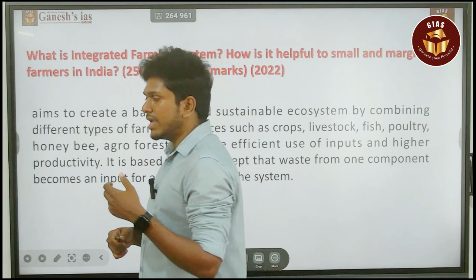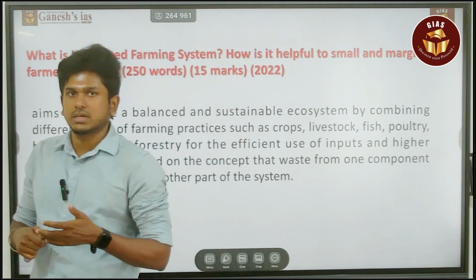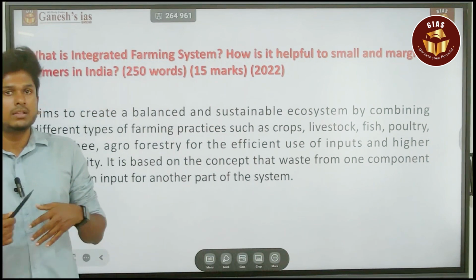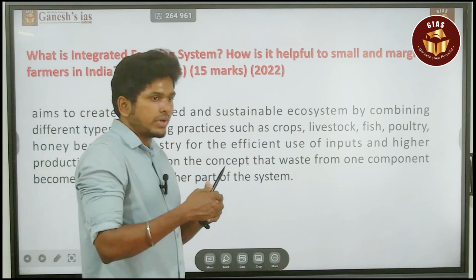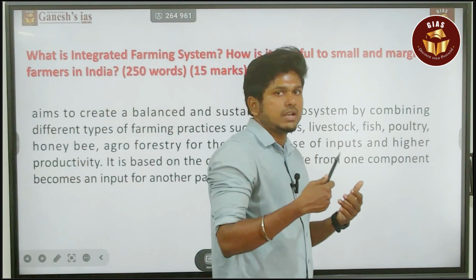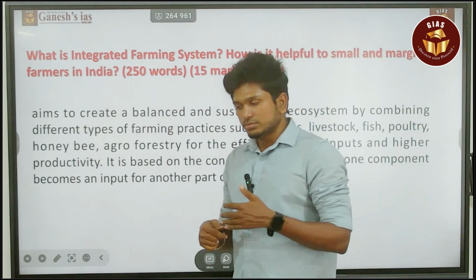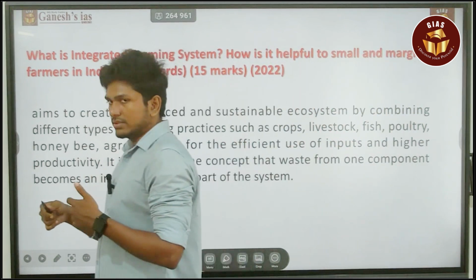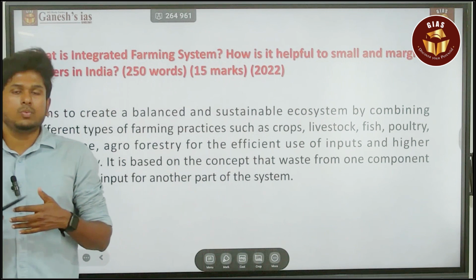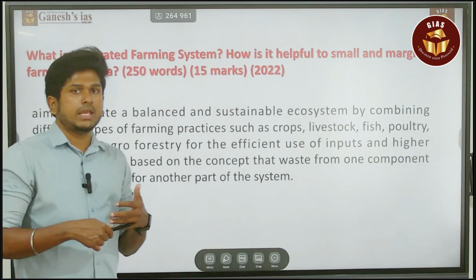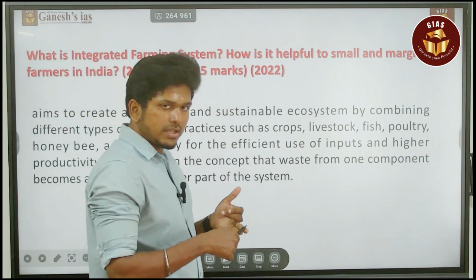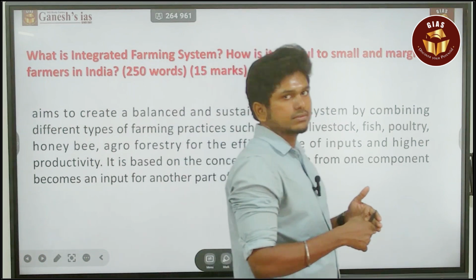More than 80% or 85% of the Indian farmers are small and marginal farmers. They hold around 50% of the land. So in that scenario, they can't afford to buy inputs like seeds, fertilizers, pesticides, insecticides.